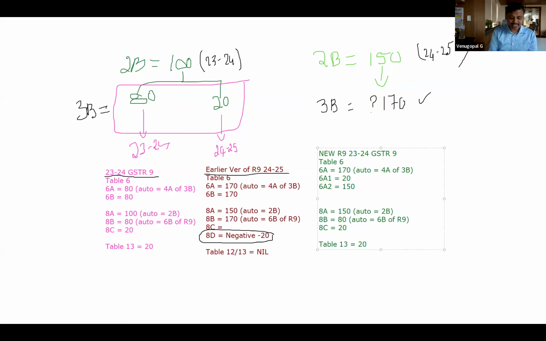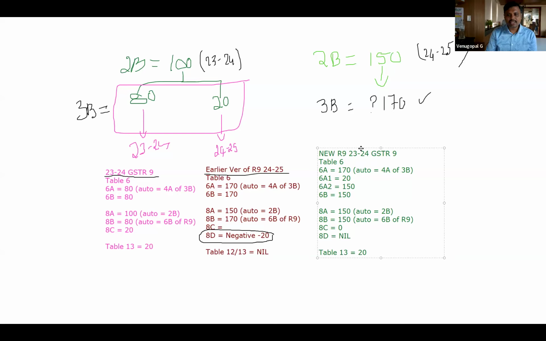So now I can easily explain what is credit pertaining to the current period. I will be explaining on 150. My 8B is also 150 and 8C is 0. Your 8D is also nil.